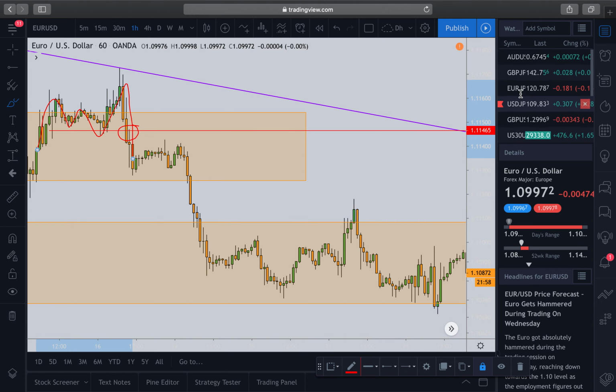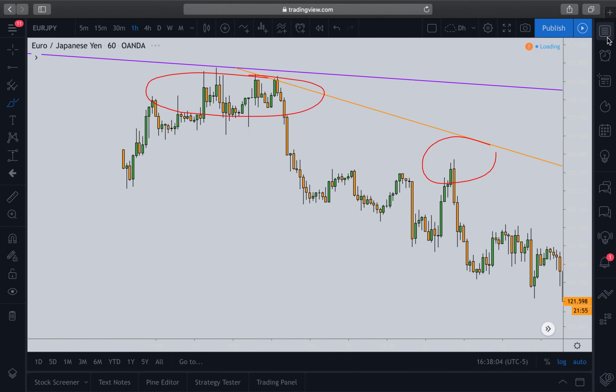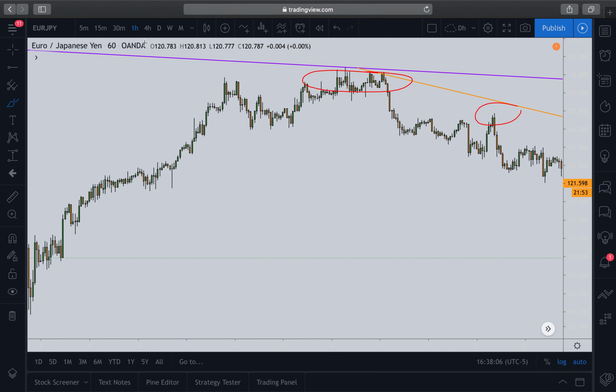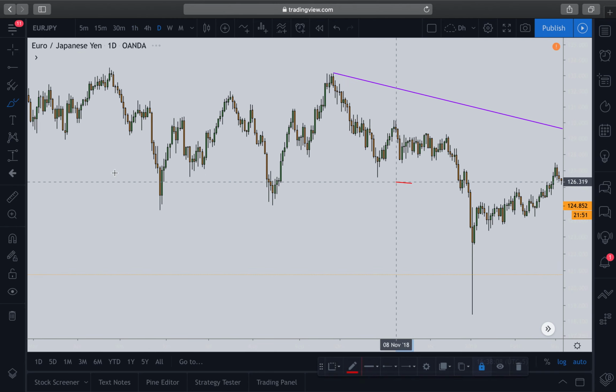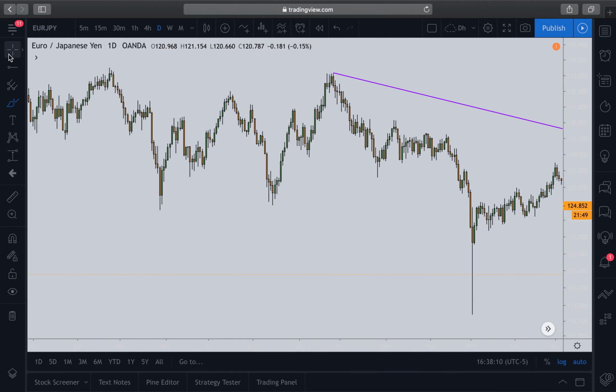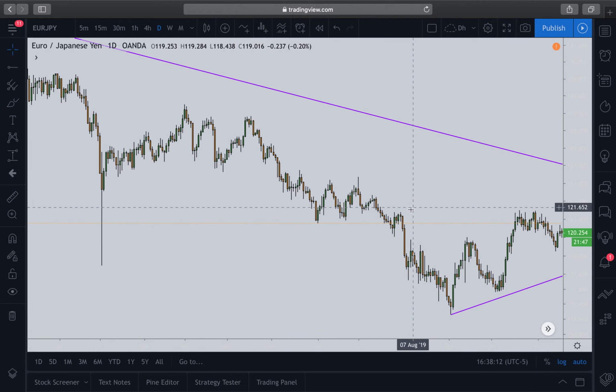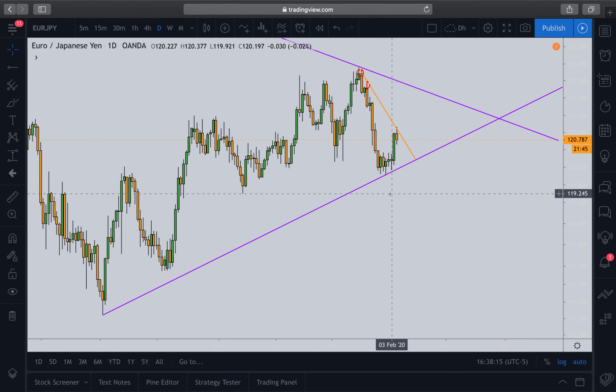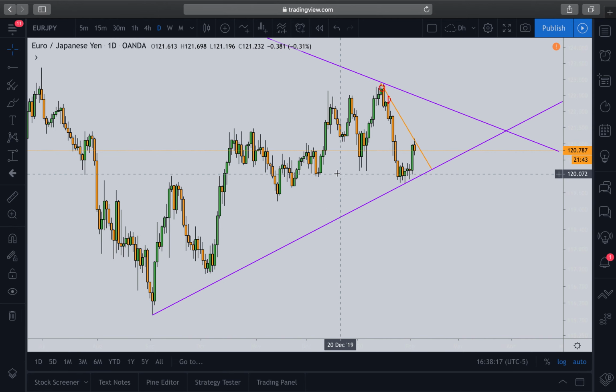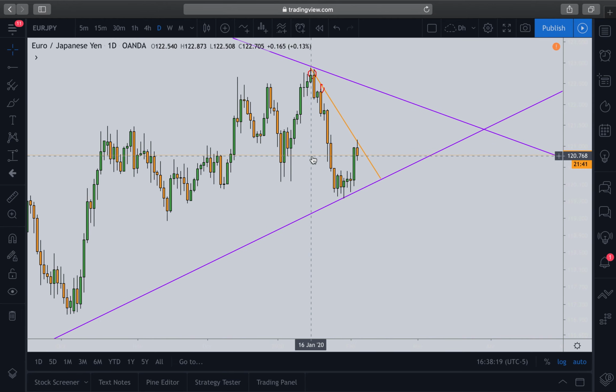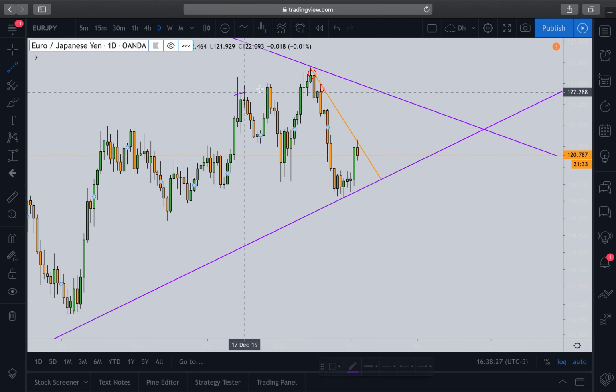Where's EJ? Back out real quick. Now EJ kind of did the same thing, except this was more so, to me, at first it looked like a triple top was setting up, but the highs kept getting a tad bit higher, right?